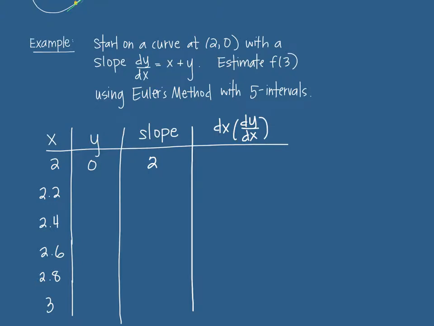Look at the math there: if you take dx and multiply it by dy/dx, you get dy, which represents how much your y is going to change. Our x changes by 0.2, and our current slope is 2. So 2 times 0.2 is 0.4, which means our y should change by 0.4. So what is our new y value? 0.4, because we just went from 0 to 0.4. That's the new point.